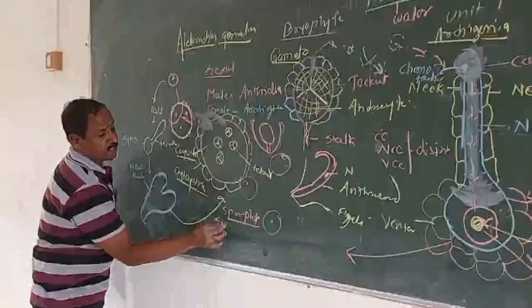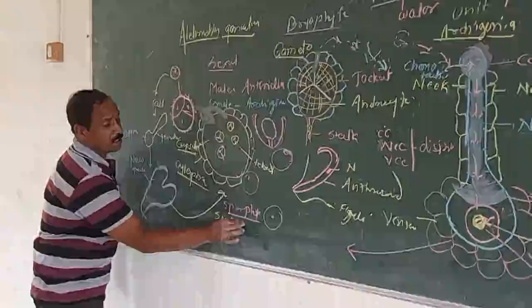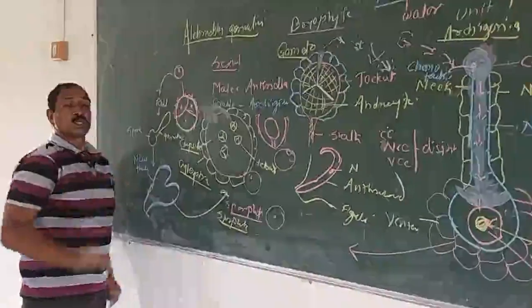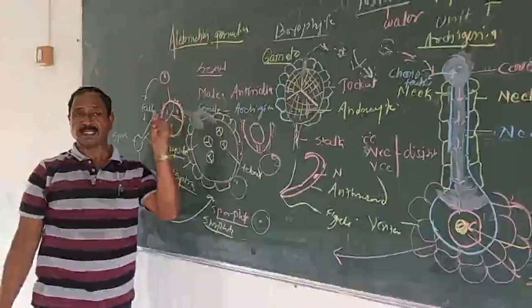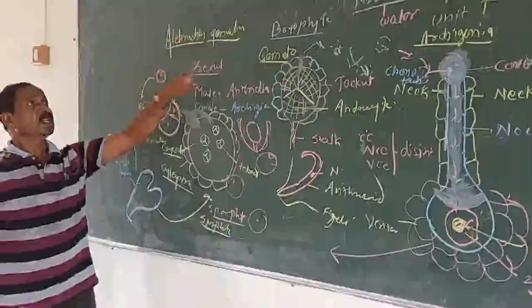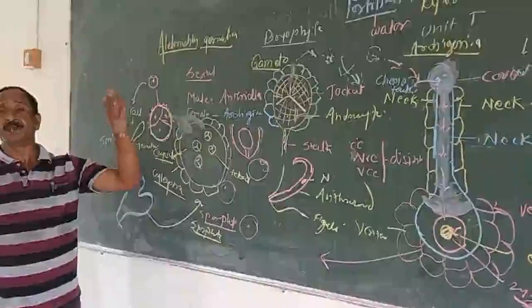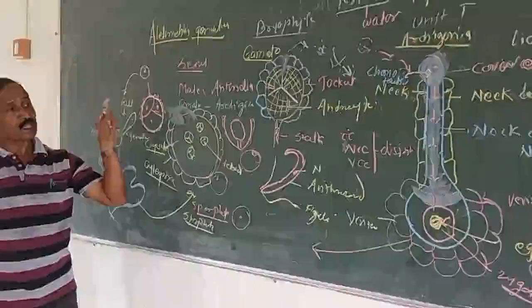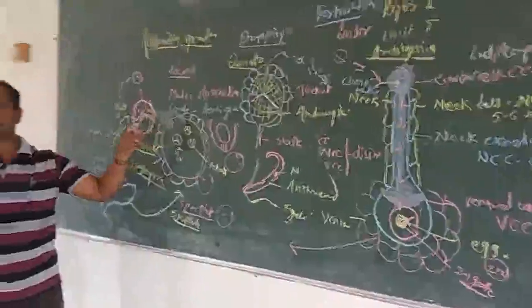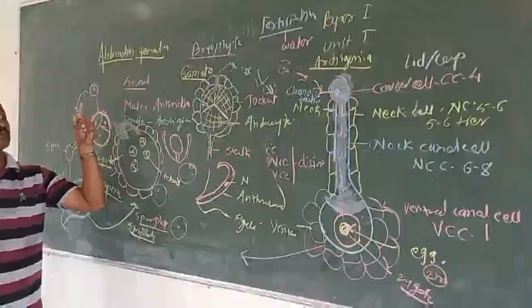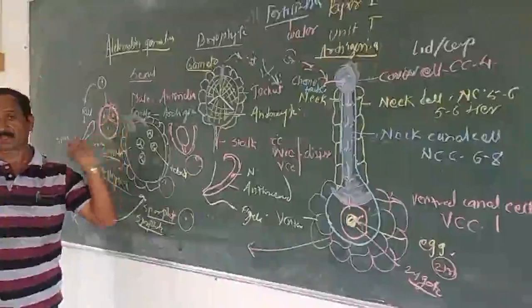Both the generations alternate with each other. So in bryophytes, in Riccia, alternation of generation is present. So here we completed the life cycle of Riccia from the bryophytes. Finish.